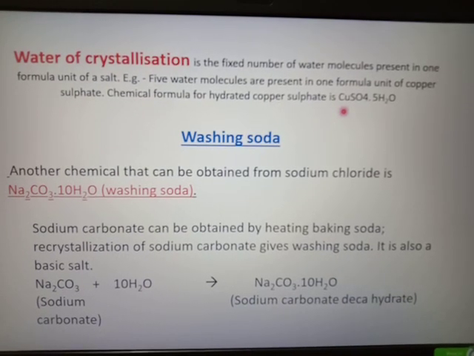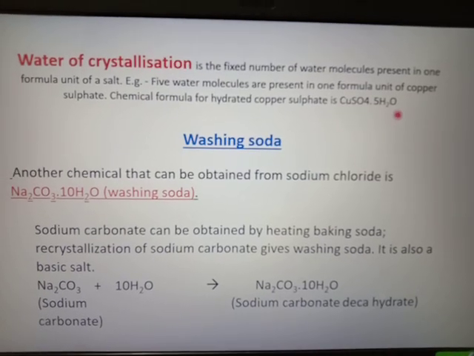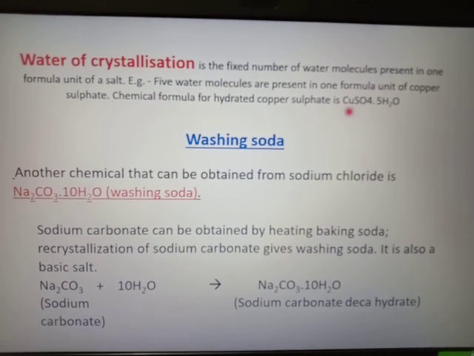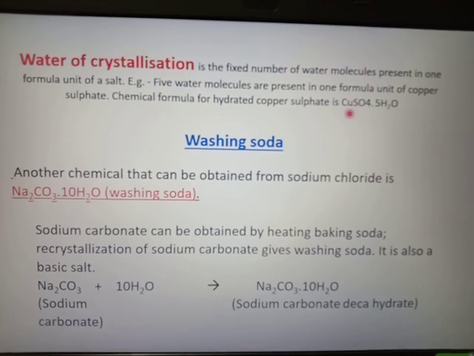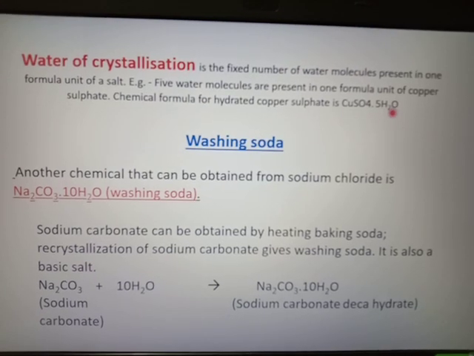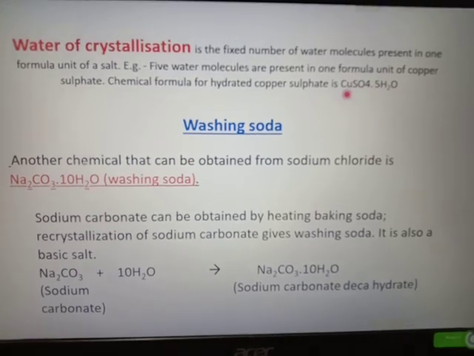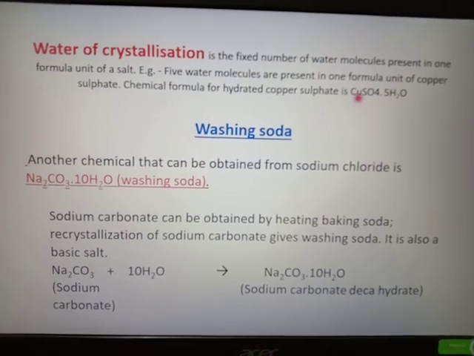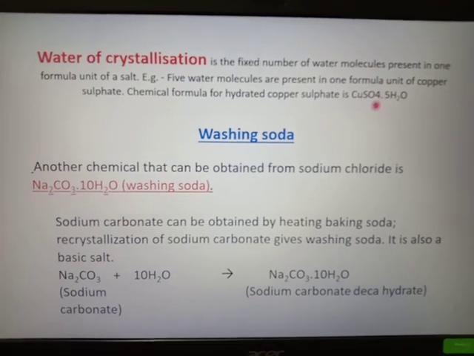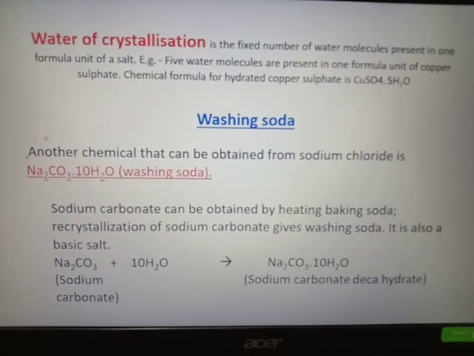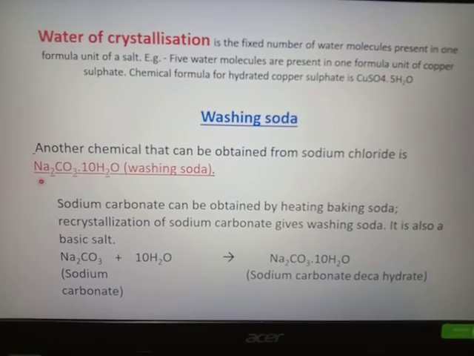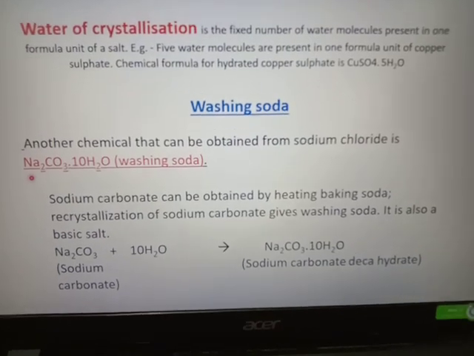Actually, water of crystallization are the water molecules which accumulated over the surface of the molecule. Because of these water molecules, you can say the compound becomes crystalline. And if you remove this water of crystallization, it may be amorphous, not always.